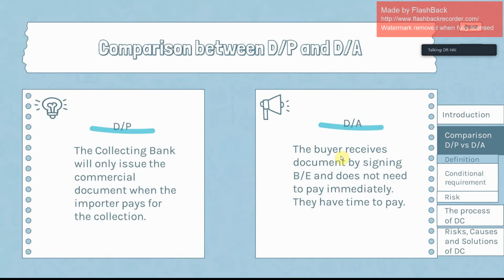Okay. Now the importer doesn't agree on the collection fee. He or she says that I just agree to pay for the documents. It means 100,000 US dollars. Okay. Here is the payment for the documents.